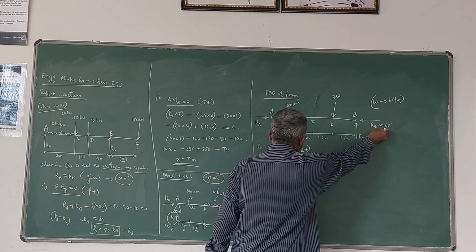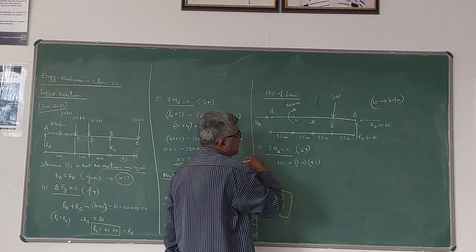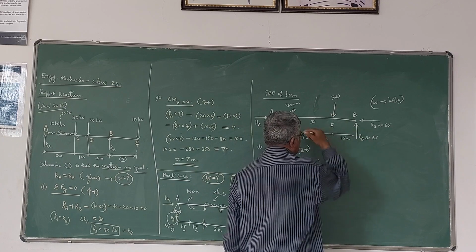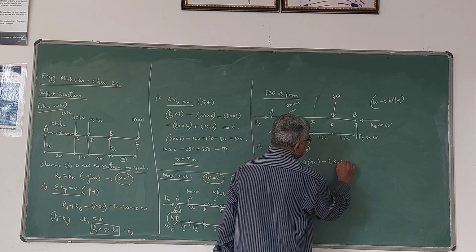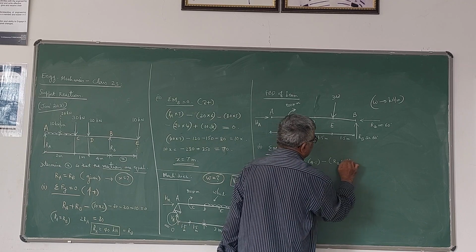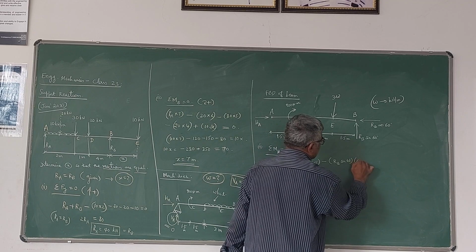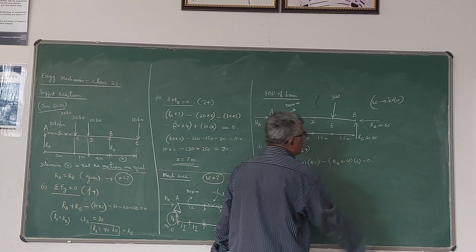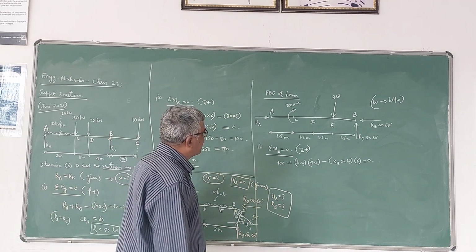And this RB cos 60 is not giving any moment because it passes through point A. This RB sin 60 is giving an anti-clockwise moment. So minus RB sin 60 into the distance from point A, which is 6 meters, is equal to 0. So this is the equation we get using the moment equation.